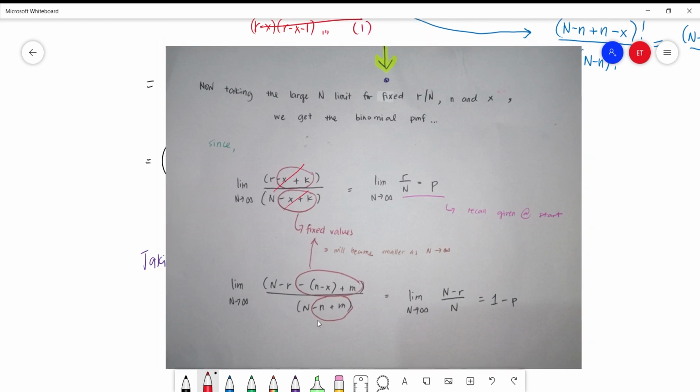So we are left with r over n, which we already know is equal to p. Here, we are left with n minus r over n, which is just 1 minus r over n, so 1 minus p.